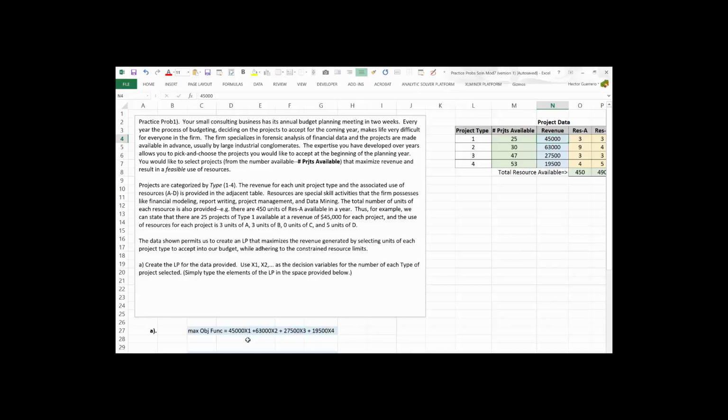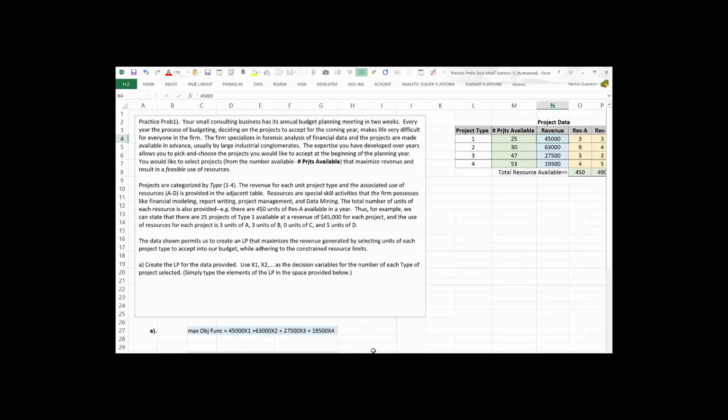So if I choose 14 project 1, we're going to have 45,000 times 14. If I choose 8 projects 2, we'll have 8 times 63,000, so on and so forth. So we will make our selections of x1, x2, x3, and x4 to try to maximize this objective function. We often call this objective function z.